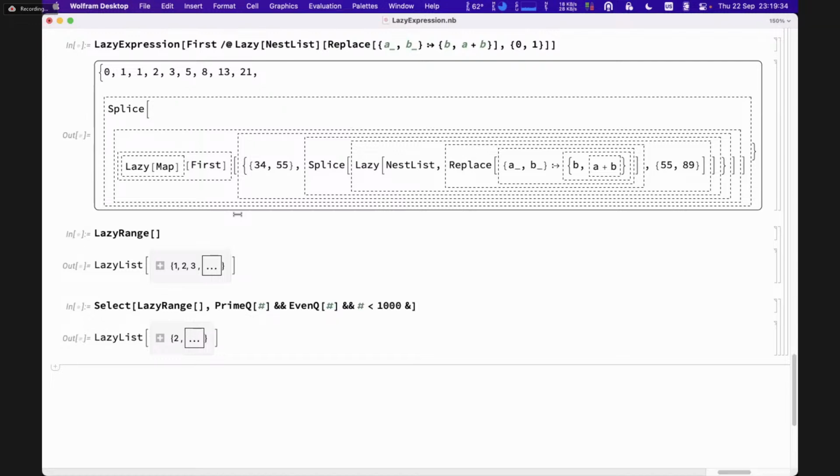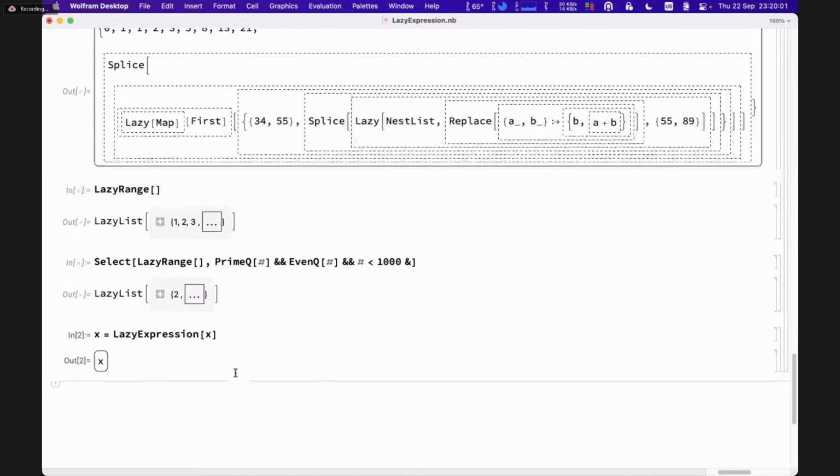So you're saying you want a flexible way of representing an evaluation-like process. The existing evaluation process is nest to infinity of eval on x, which you could also write as x equals eval of x. You see what I'm saying so far? Yeah.